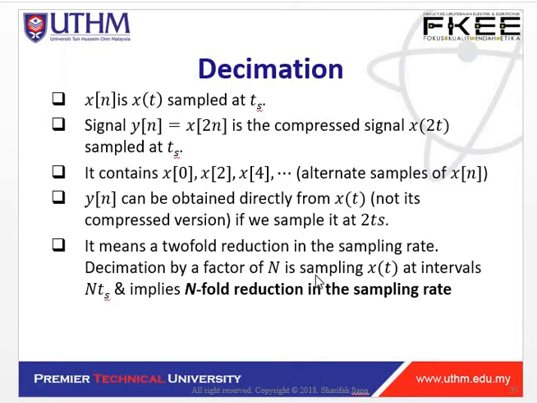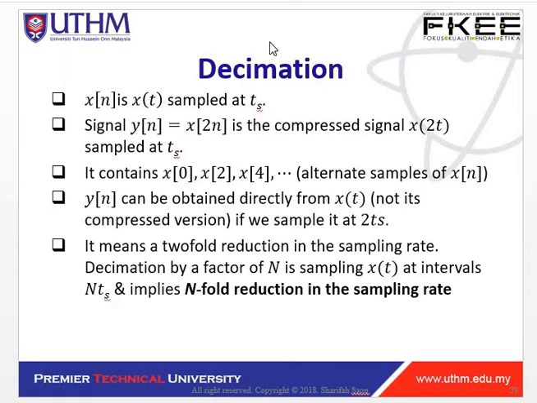Decimation by a factor of N is sampling x(t) at interval NTs, where Ts is the sampling interval, and implies an N-fold reduction in the sampling rate.